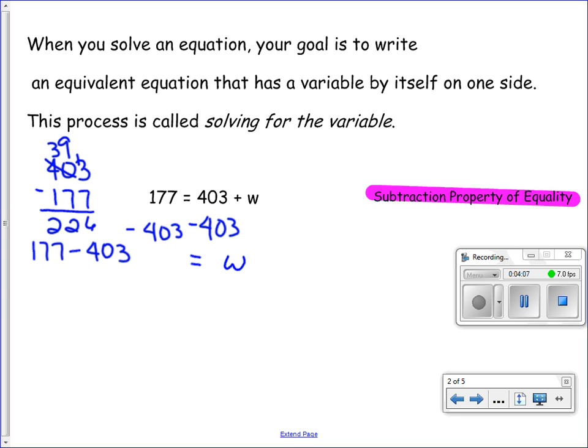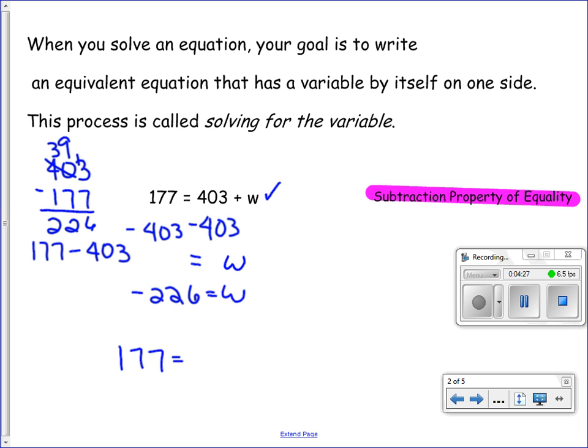Negative. So I have negative 226 is equal to w. Now I'm not quite finished yet. I need to substitute negative 226 into my original problem. Here's my original problem, so I'm going to come down here and check it.